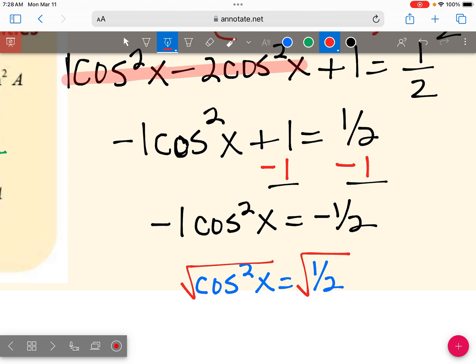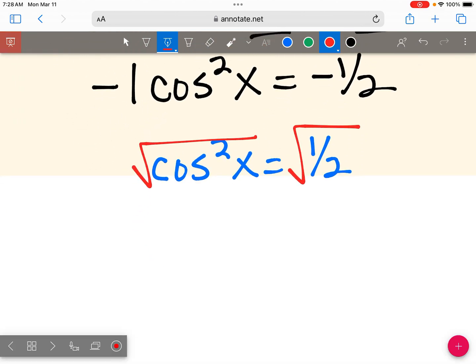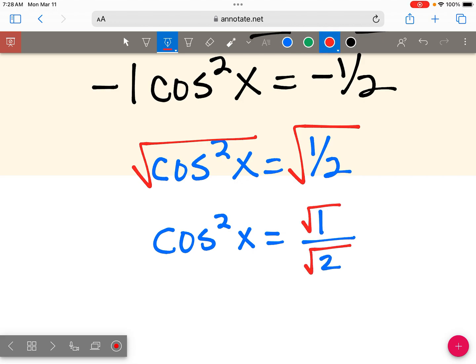All right, so I'm going to actually rewrite this here. So I have cosine squared x equals, so remember that I'm taking the square root of 1 over the square root of 2. That's how you square root a fraction. You have to look at numerator and denominator individually.